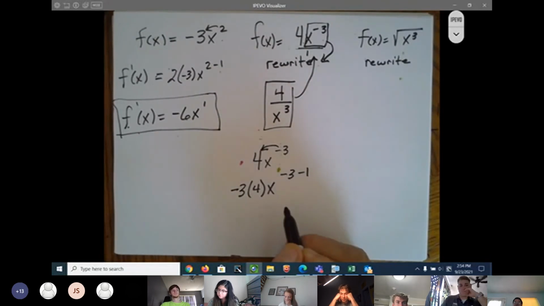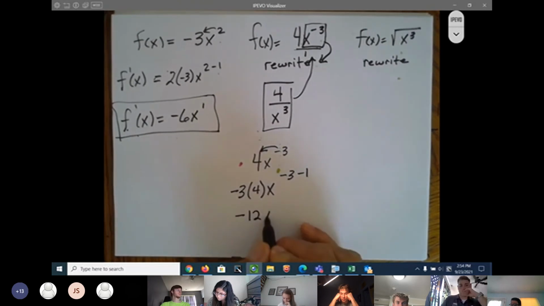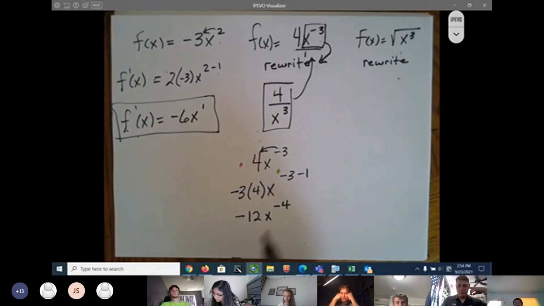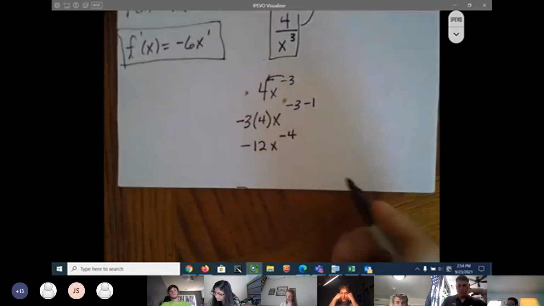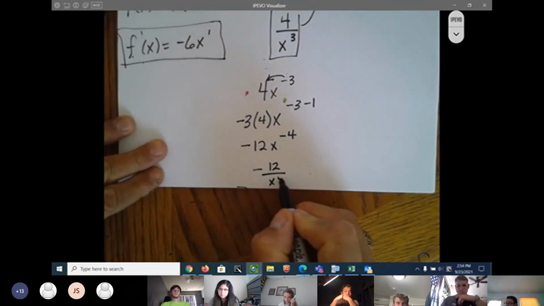And here's where students really make it. They get half the problem right, and they go negative 12x to the negative 2. And that's wrong. It's x to the negative 4. And then you rewrite it like this. Negative 12 over x to the 4th.